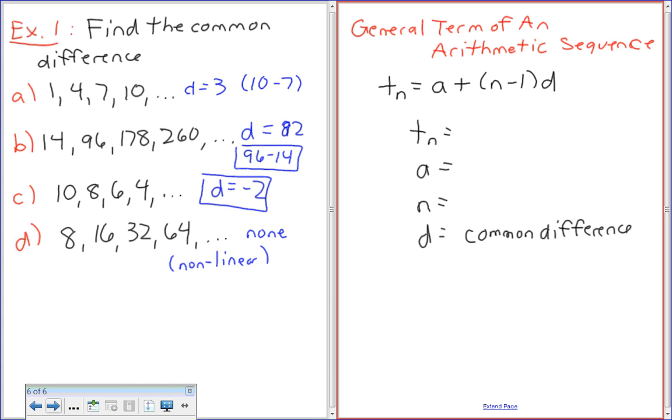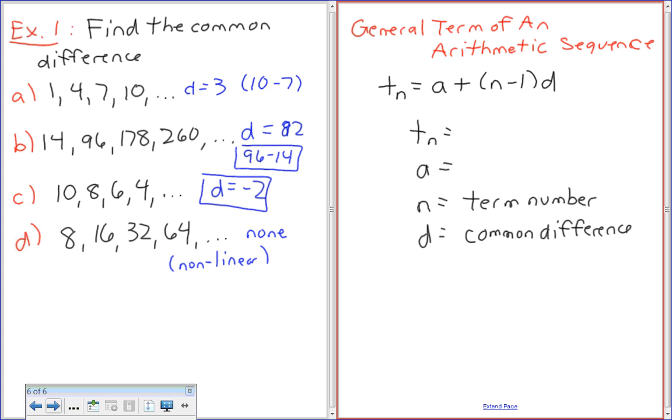Does somebody want to guess what n represents? Term number, very good. Just like yesterday, no difference. Someone want to guess what Tn equals from yesterday?